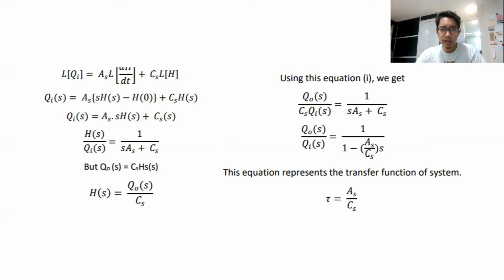Using the equation, we get H over Qi equal to 1 over (A s plus C). This represents the transfer function of the system, where the time constant tau equals A over C. So that is for me. Let's move to the other person.